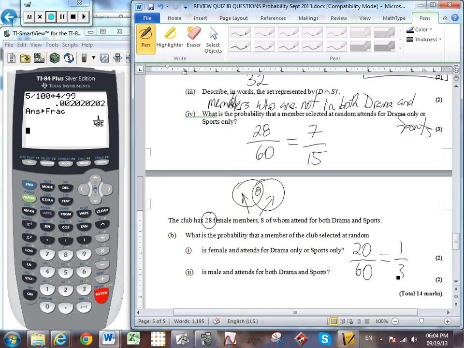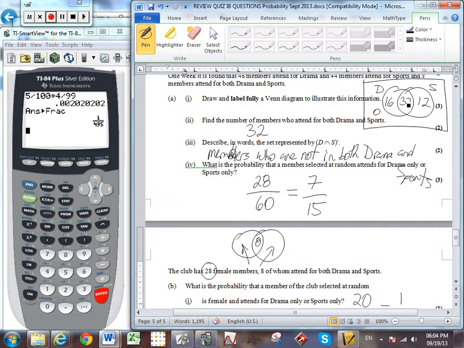And lastly, is male and attends for both drama and sports. Well, if there's 28 females and there were 60 total members, we know that we're dealing with 32 males. So it's a total of 32 males. And the male attends both drama and sports. Let's just remember for a moment that we had 32 people who were taking drama and sports, 8 of whom are female.